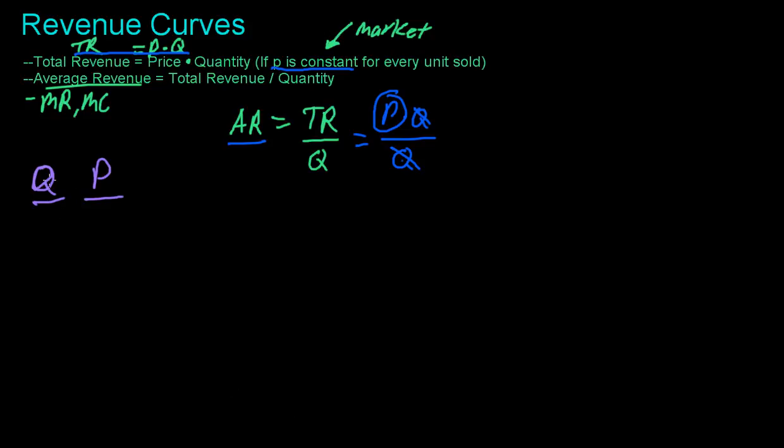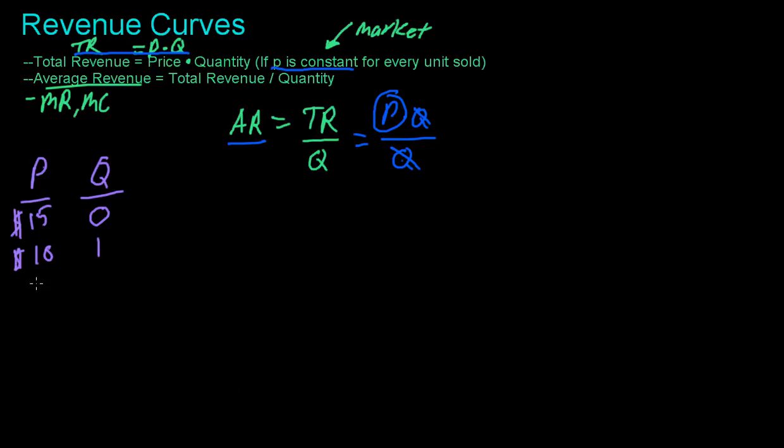And so if I only want to sell, actually let me flip this around. We're going to do P first and then we'll do Q. So if I charge $15 a hamburger, I will not sell a single one, because no one in my town wants to buy a $15 hamburger. If I charge $10 a hamburger, I'll sell one.